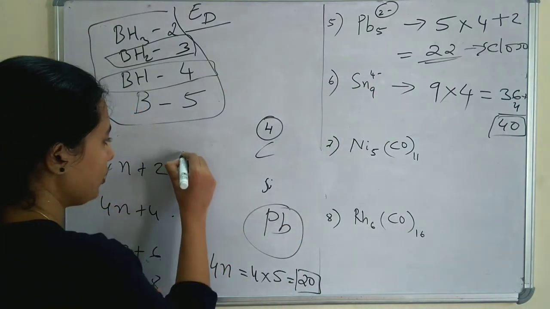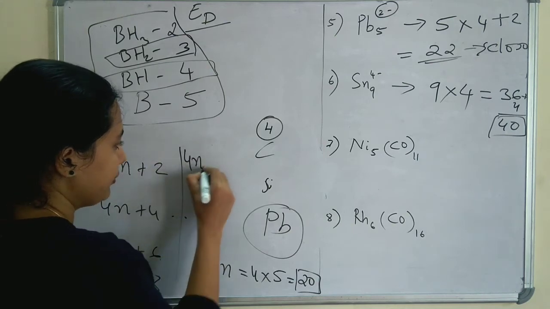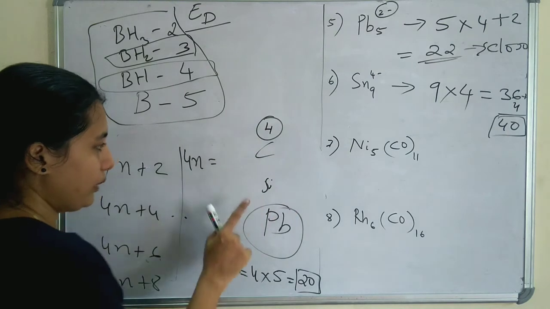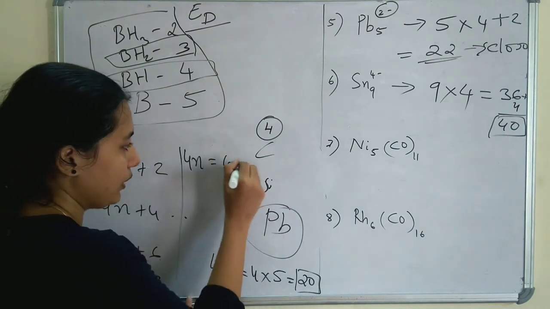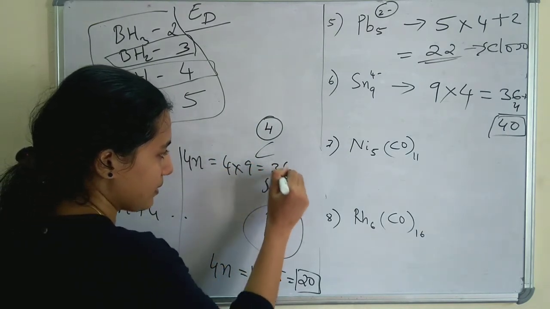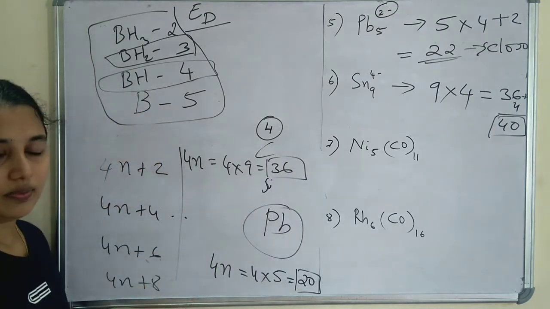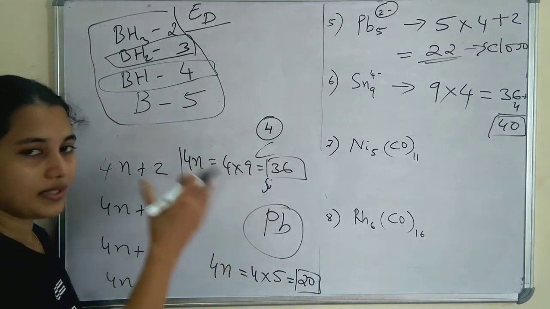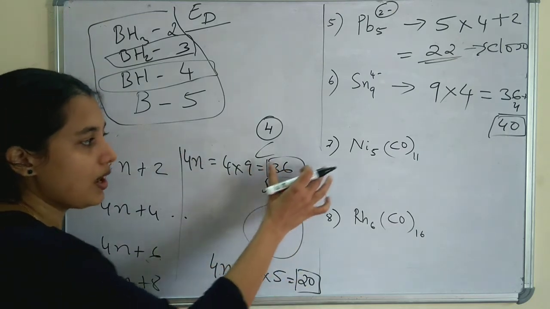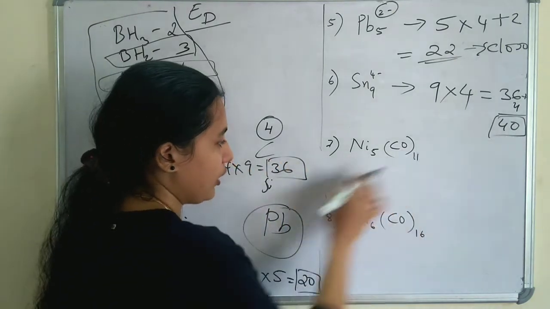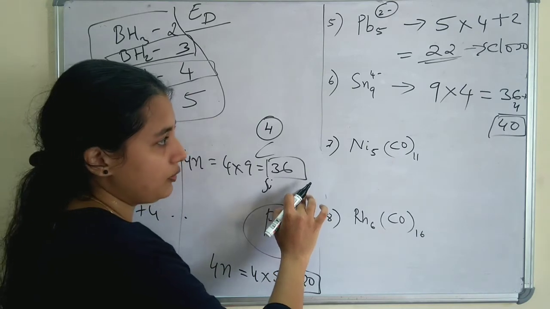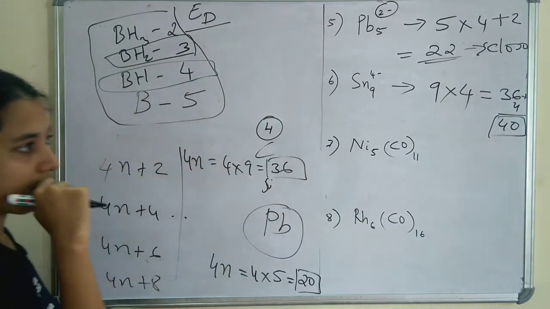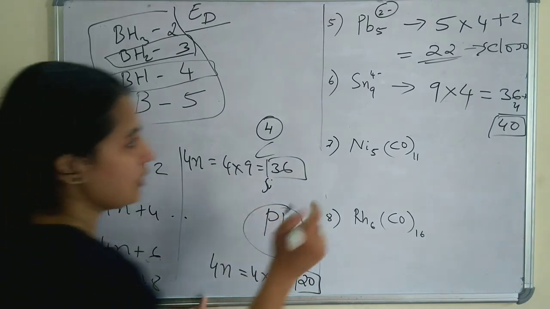Just do 4n, where n is the number of atoms, n equal to 9. 4 into 9 is 36. Now we find the added number: 36 plus something gives 40. 40 minus 36 is 4, so 36 plus 4 gives 40. So plus 4 means nido.